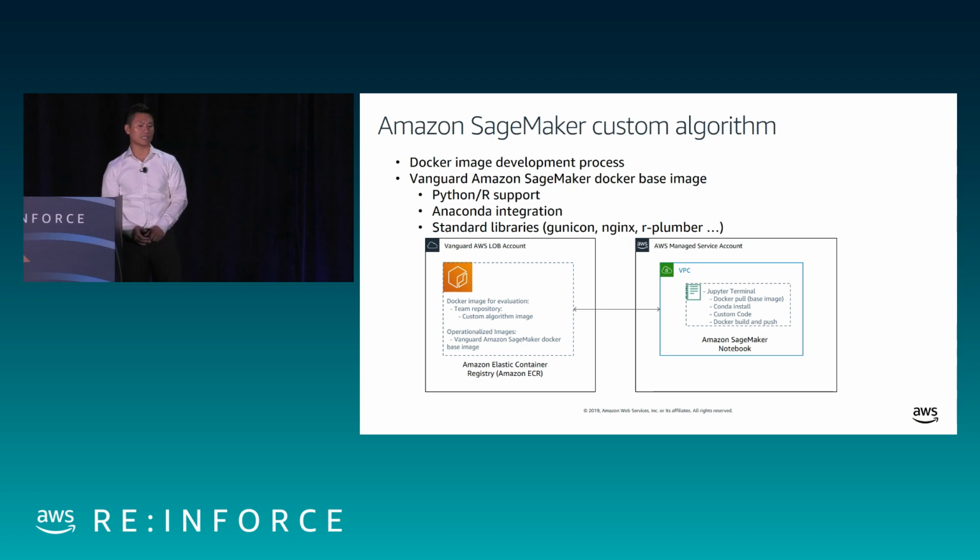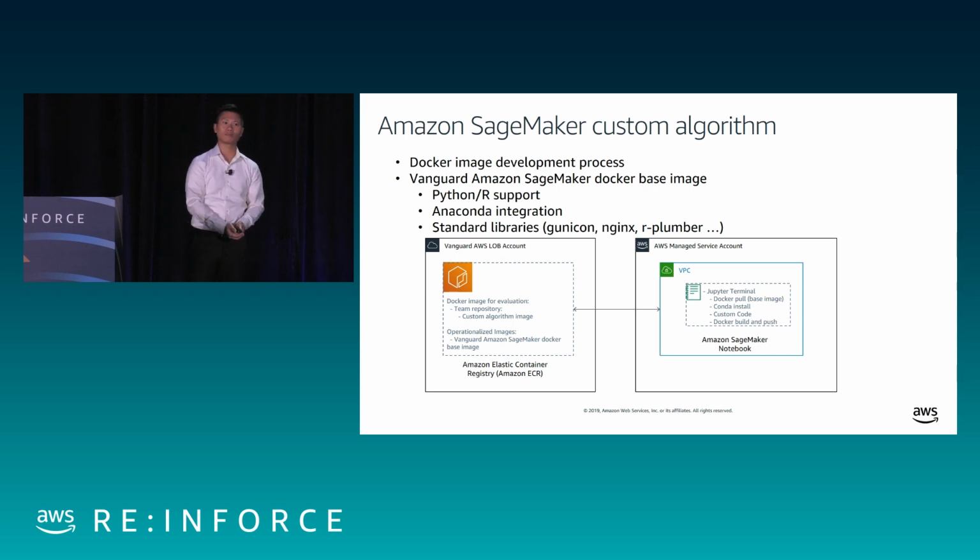The next one is the custom algorithm. Up to this point, we talked about the training job, the batch transform job, and the hosting endpoint. All of that process doesn't change with a custom algorithm.